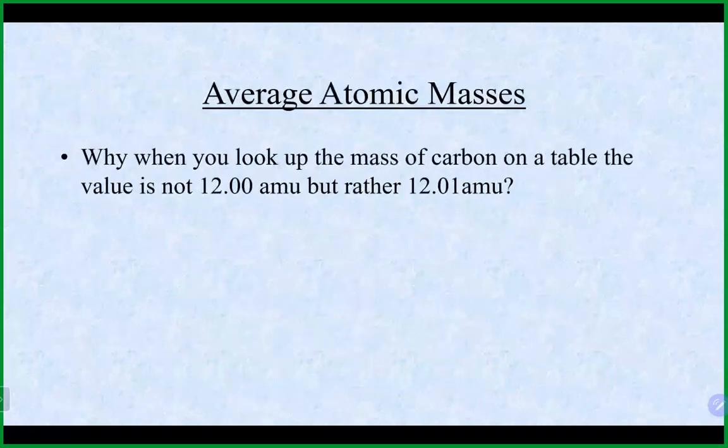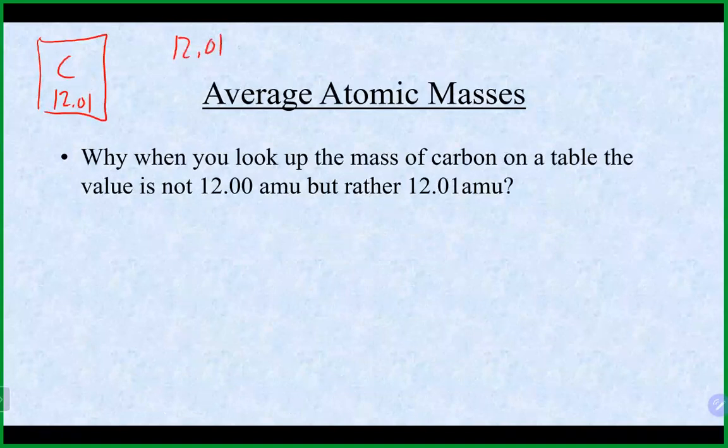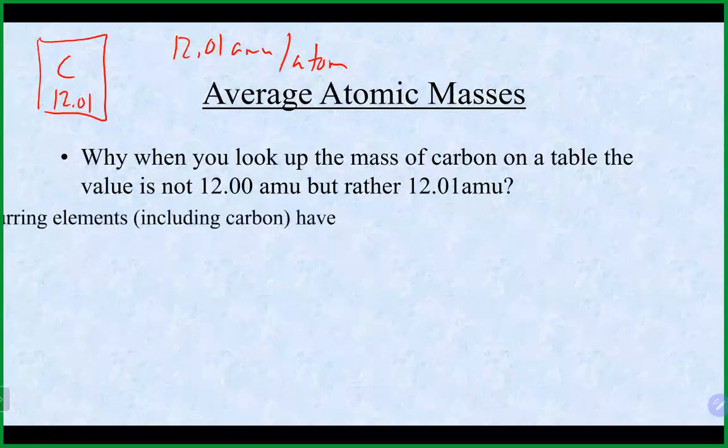When we look at something like carbon, for example, what we actually see underneath carbon is 12.01, which means it is 12.01 AMU per atom. And you might say to yourself, well, if carbon was used as the standard isotope and it had a mass of 12, why do we see 12.01 when we look under the carbon?